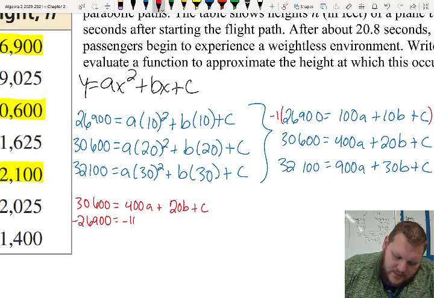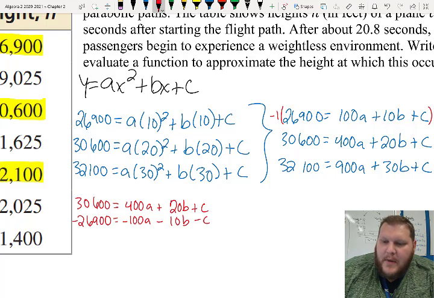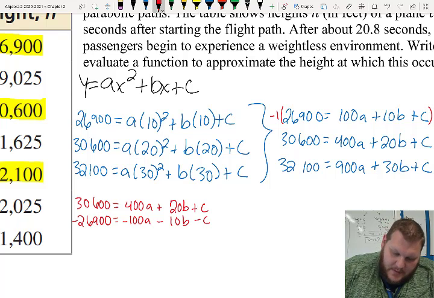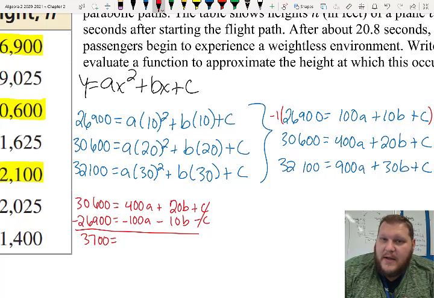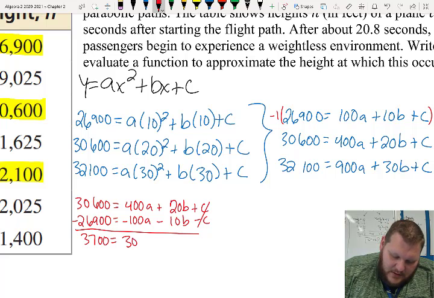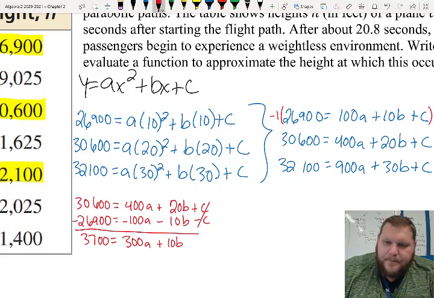So again here, negative 26,900 equals negative 100a minus 10b minus c. As I add going down, my c's cancel out. This leaves me with 3,700, because I just did 30,600 minus 26,900. 3,700 equals 300a plus 10b.